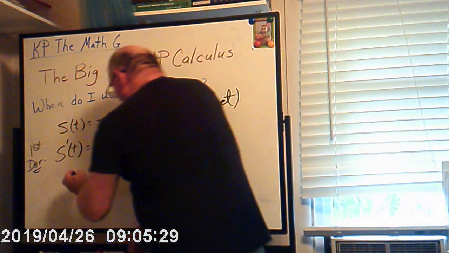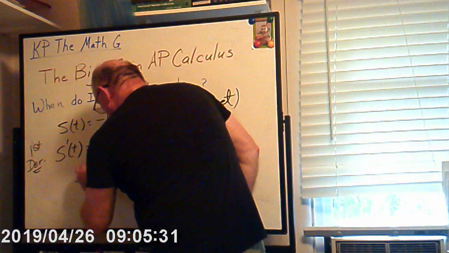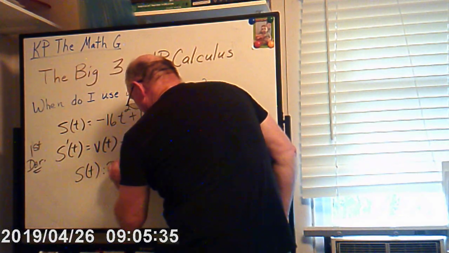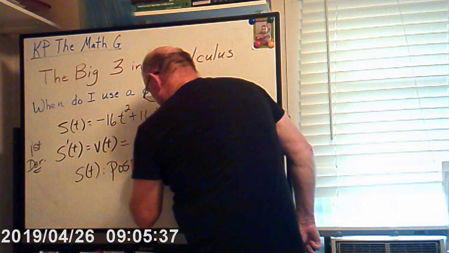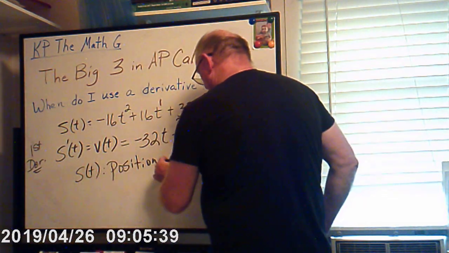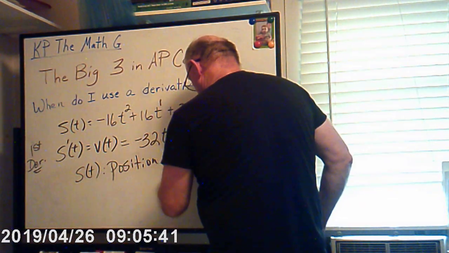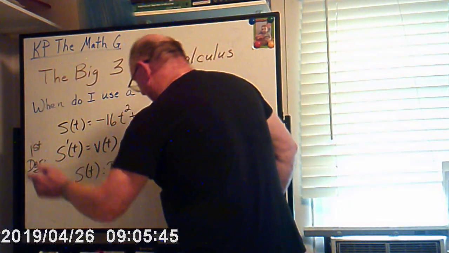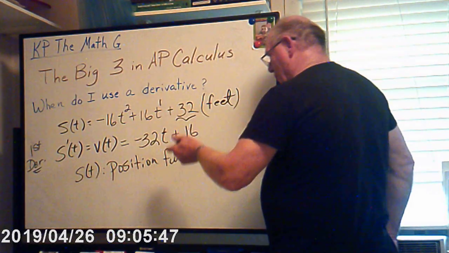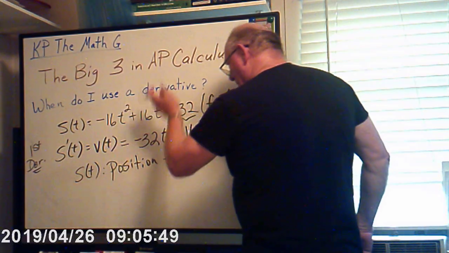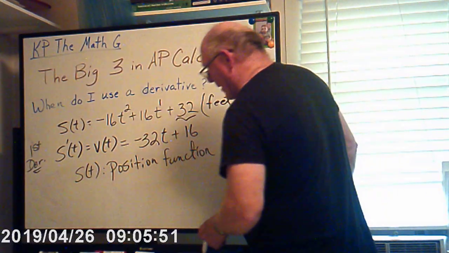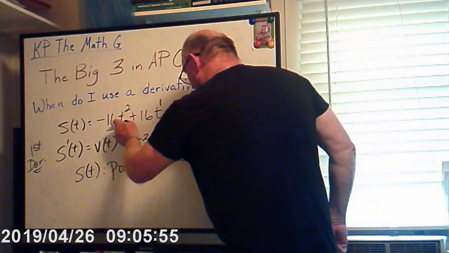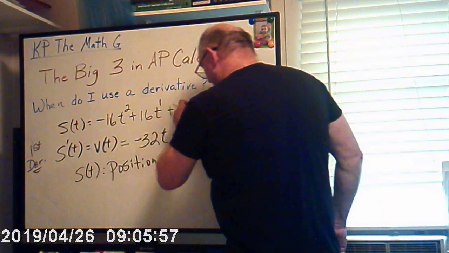So you start off with s at t, that's the position function. Where is it on, say, the x-axis at t equals 1? You just simply plug in 1 and you'd figure out where it is. And actually, if you plugged in 1, you would get 32.